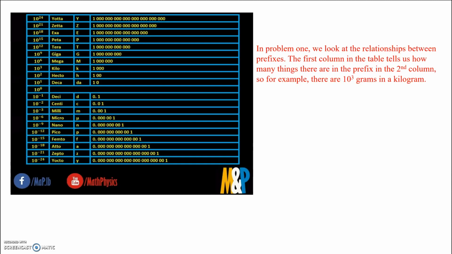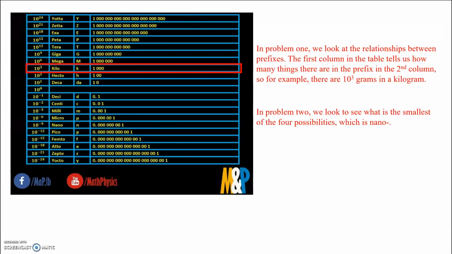So in this particular arrangement that I'm showing you, the first column in the table tells us how many things there are in the prefix that's in the second column. So for example, if I look at kilo, there are 10 to the third things in a kilo of that thing. So 10 to the third grams in a kilogram, 10 to the third meters in a kilometer, etc., etc.